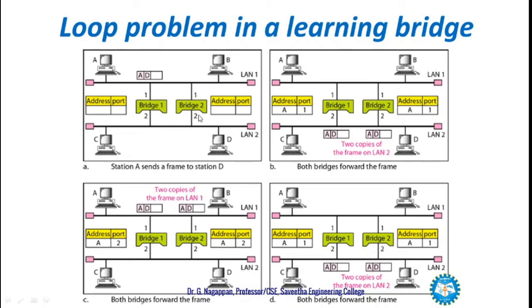This happens when more than one bridge is connected. In the case of A to D coming in, it does not have the details of D, so it broadcasts, and it reaches LAN 2 where all the devices get it. The same information is obtained by both.